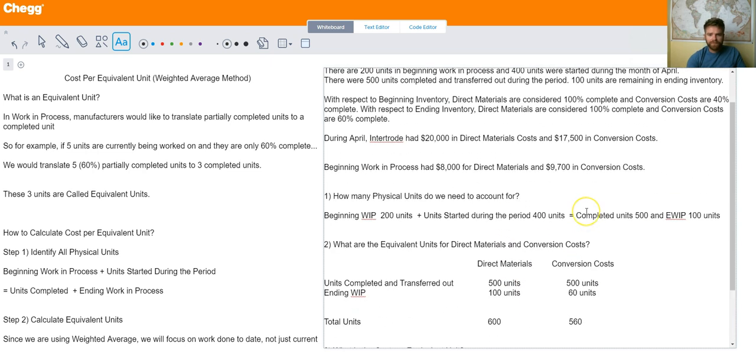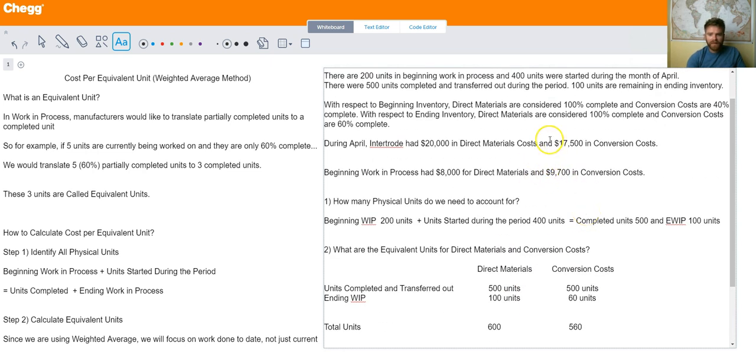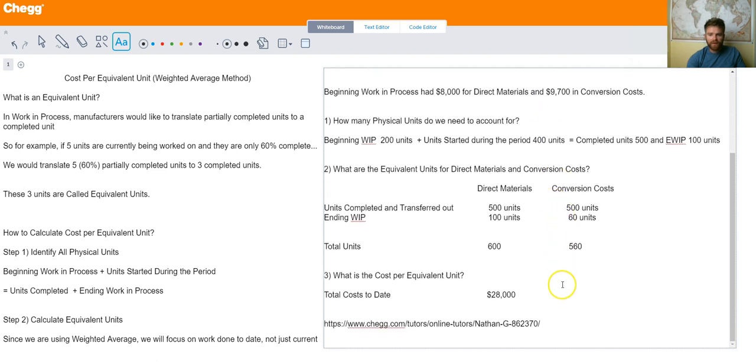And then for conversion, it's 17,500 plus 9,700. So let's add that up here. So 27,200. So from there, we're going to divide by our equivalent units. 28,000 divided by 600. 27,200 divided by 560.